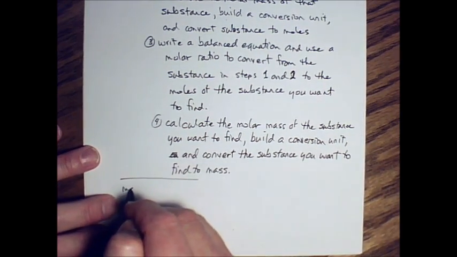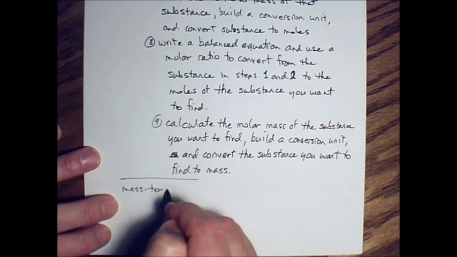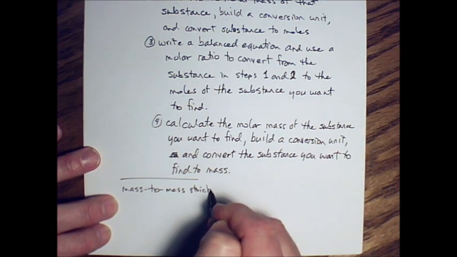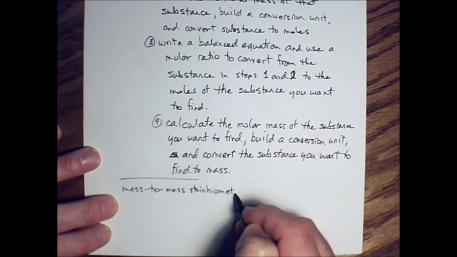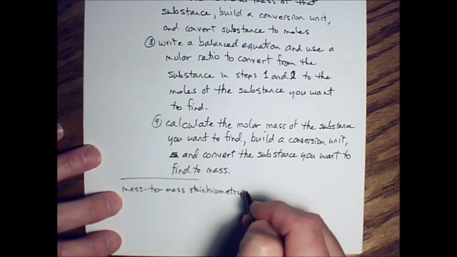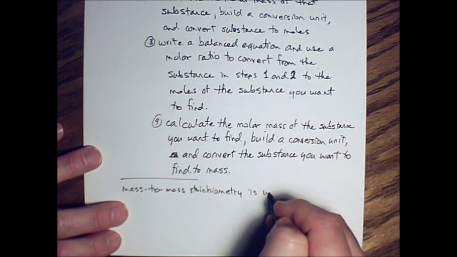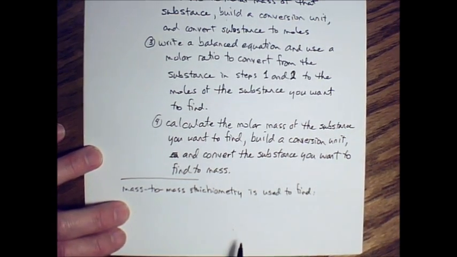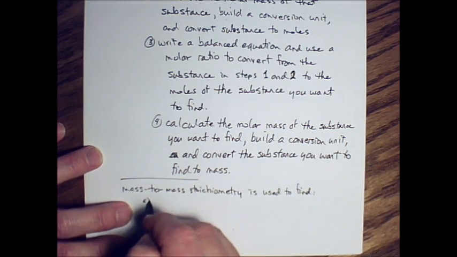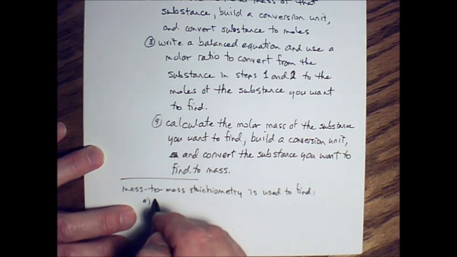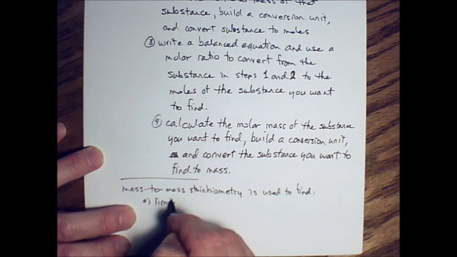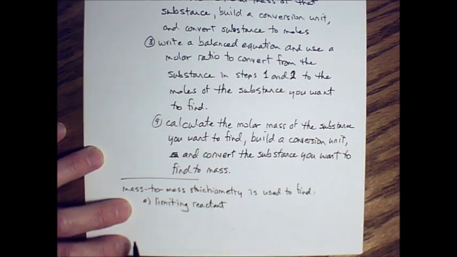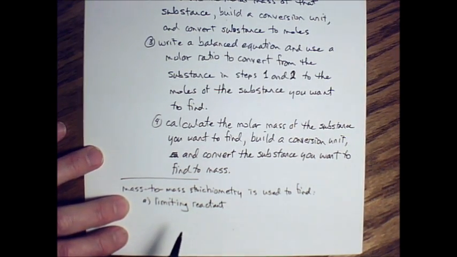So we use mass-to-mass stoichiometry to find what's called a limiting reactant.